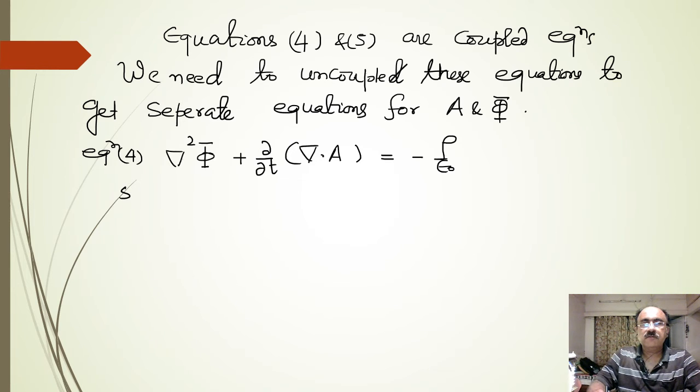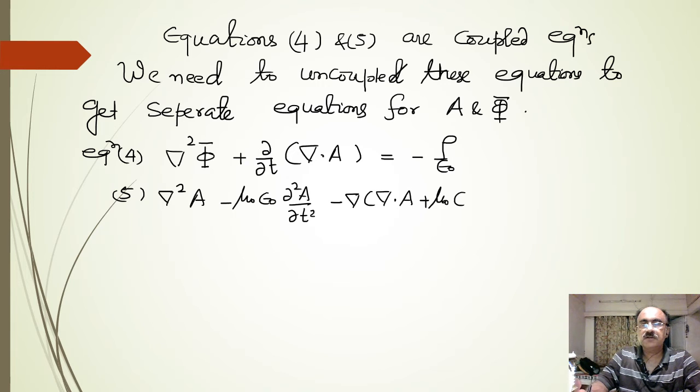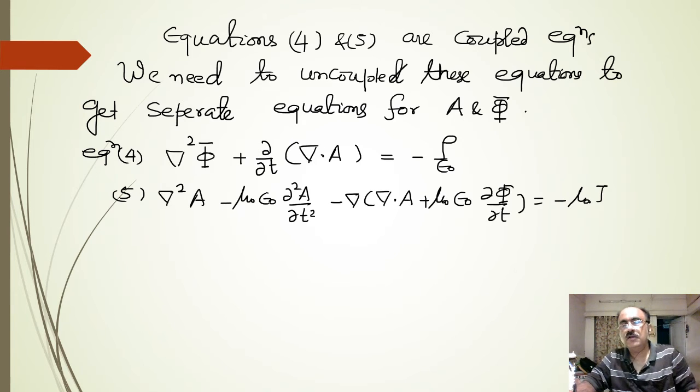Whereas equation number 5 is del square A minus mu 0 into epsilon naught del 2A upon del t2 minus gradient of divergence of A plus mu 0 into epsilon naught del phi upon del t is equal to minus mu 0 into J. So we need to remember these two equations because they will be often used.